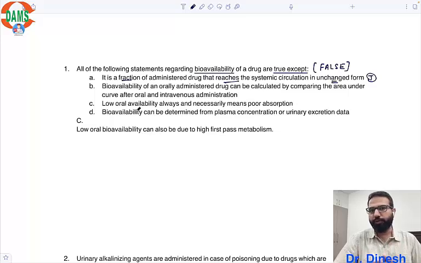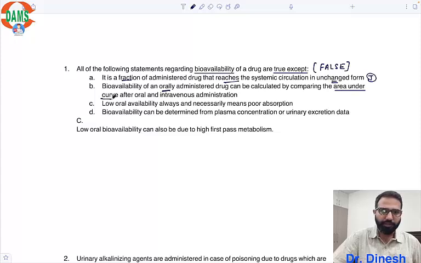Option B: bioavailability of an orally administered drug can be calculated by comparing the area under the curve after oral and IV. This is one of the important parameters. Yes, it is the ratio, because in IV, bioavailability is 100%, so for every route you can compare with the IV. So that is also true.